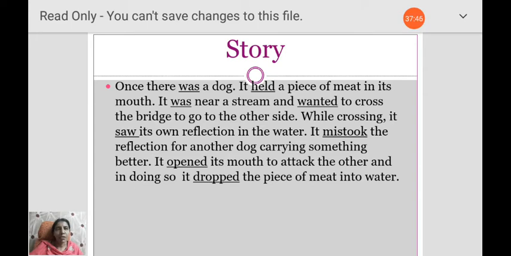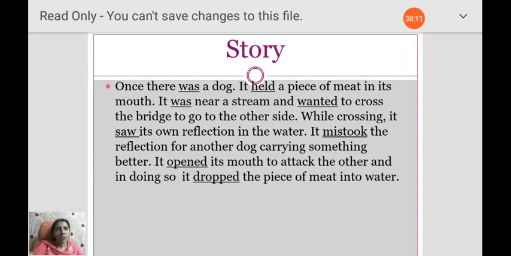This can be understood like this. And the dog wanted to cross the bridge to go to the other side. So it was standing on one side and it wanted to cross to the other side. While crossing, it saw its own reflection in the water. The water was still and it saw its own reflection.